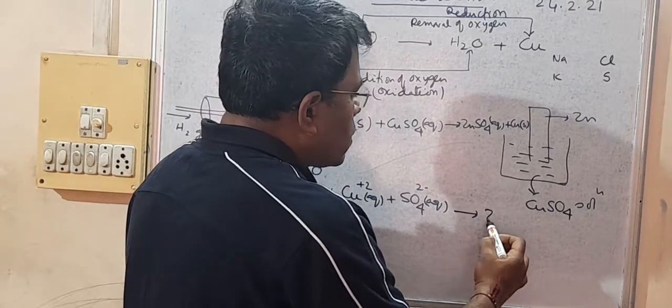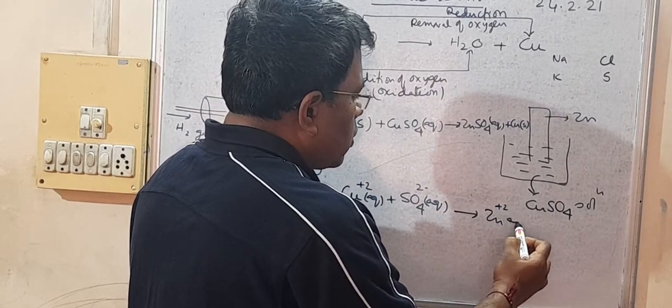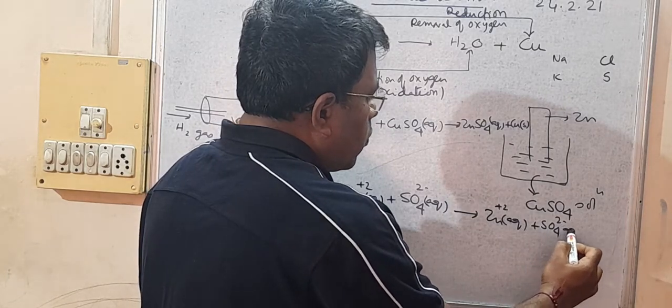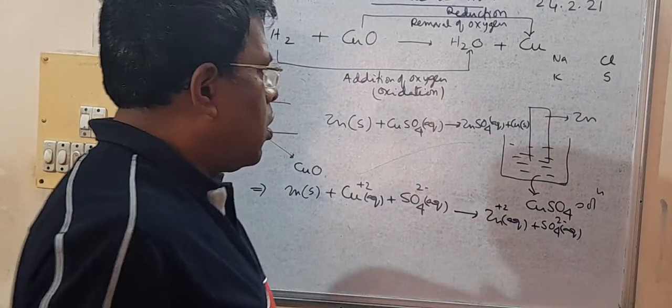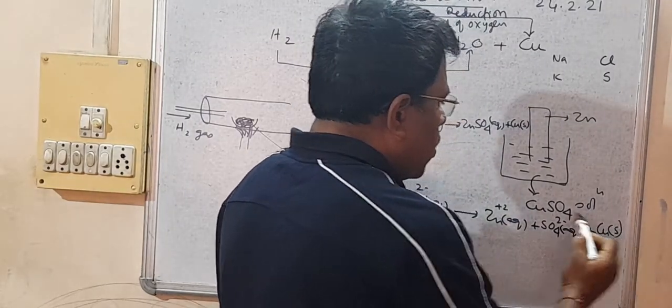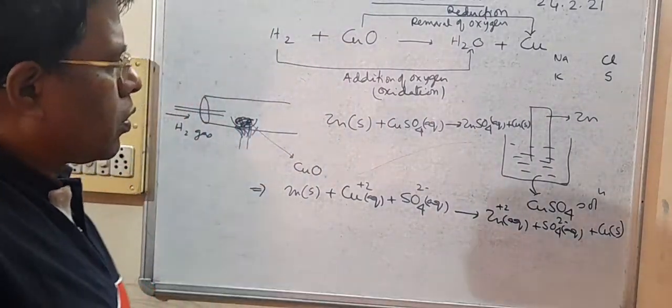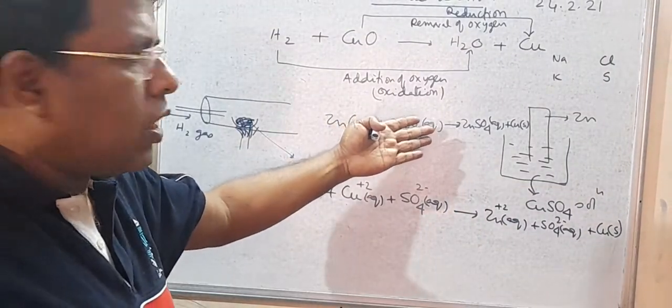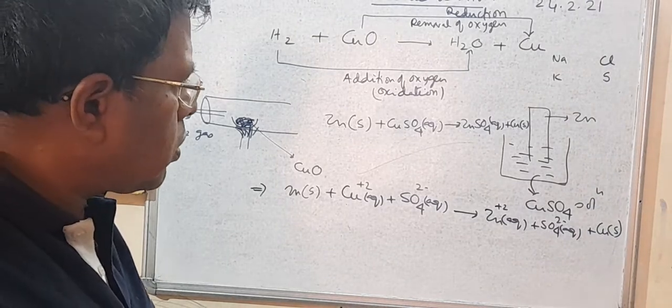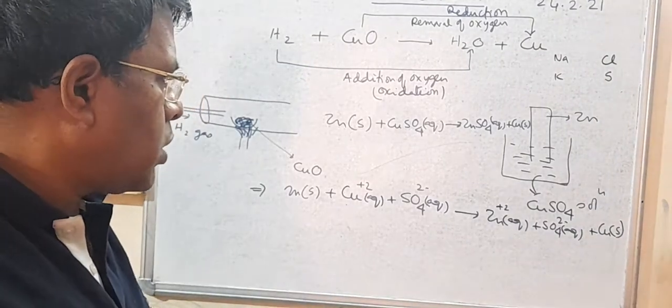Similarly, zinc sulfate consists of ions. So this reaction we can rewrite like this. Now you see we can cancel out the same thing from both sides.